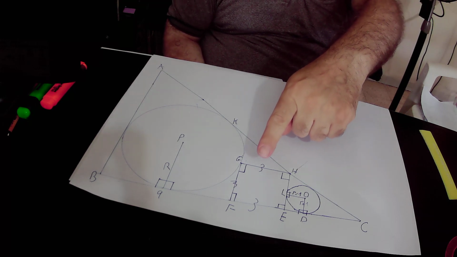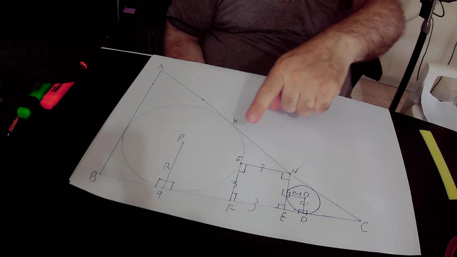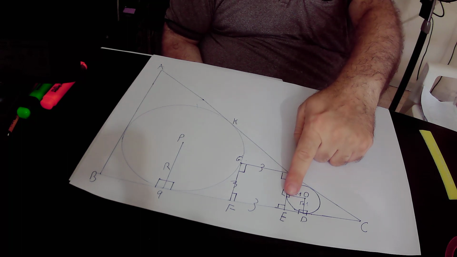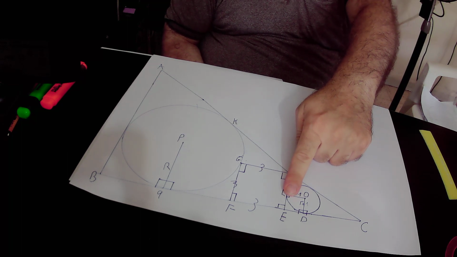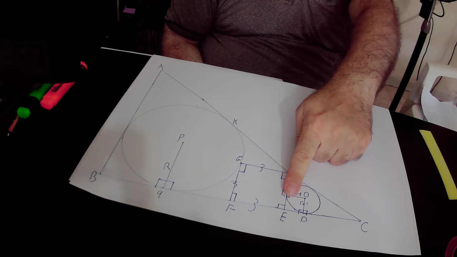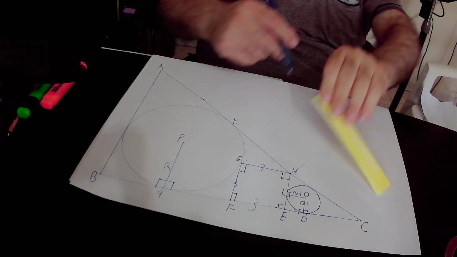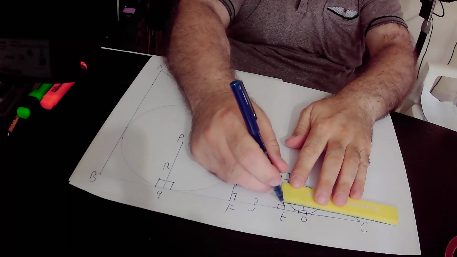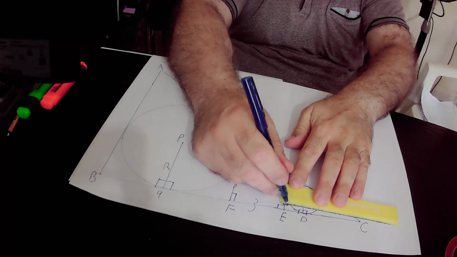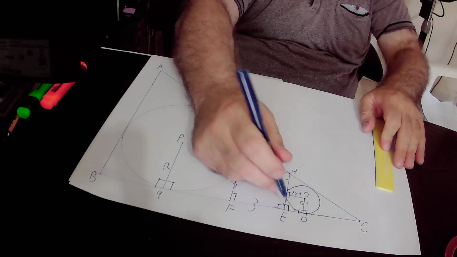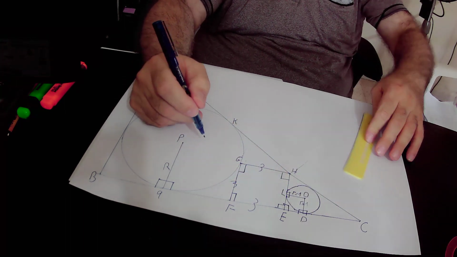So if we focus on the upper side of the straight line BC at point E, here the sum of the angles must be equal to 180 degrees according to rule number 3. So which angles do we have on the upper side of this point E? We have this angle that is equal to 90 degrees. So this angle must be equal to 90 degrees also, in order to complete the sum of the angles on the upper side of this point to 180 degrees.